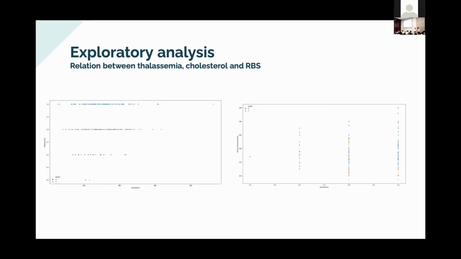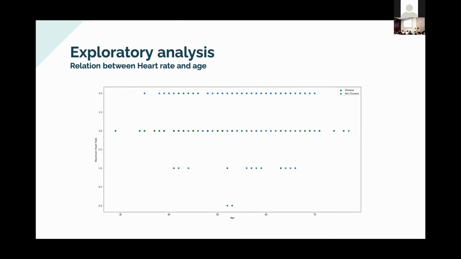This is the relation in the scatter plot between thalassemia, cholesterol, and RBS. And next is the relation between heart rate and age. We see that at a heart rate around 20, there is more disease. The blue is the presence of the disease, and the green is the non-disease.